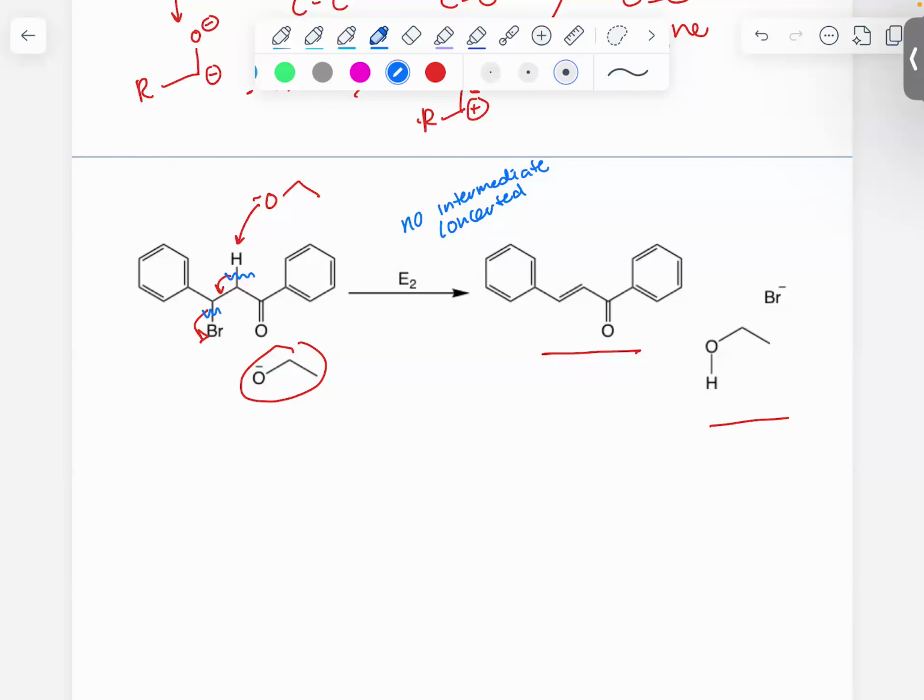Disconnect the Br. What else can we do? So now we can do H star, R star.